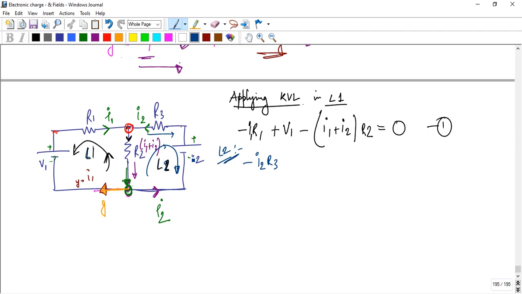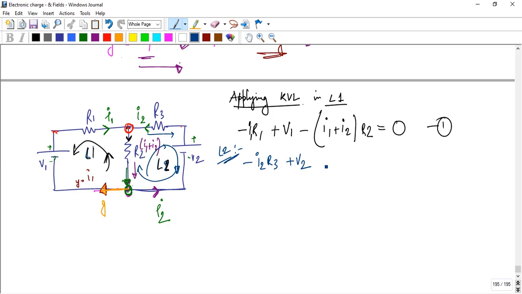Now that is plus to minus, same, so plus V2. No potential drop here. So R2 here: our direction and the original current direction via R2 are opposite.